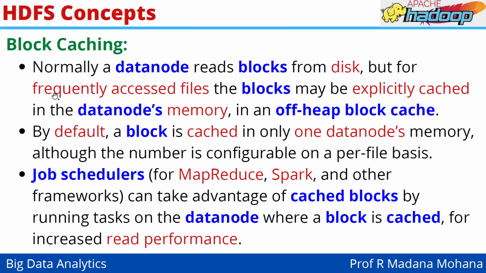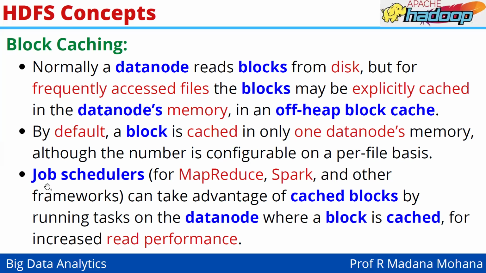Then block caching. Normally, a data node reads blocks from disk, but for frequently accessed files, the blocks may be explicitly cached in the data node's memory in an off-heap block cache. By default, a block is cached in only one data node's memory, although the number is configurable on a per-file basis.